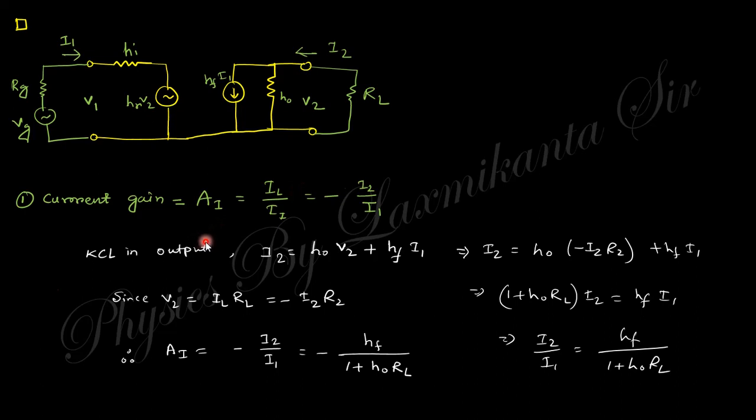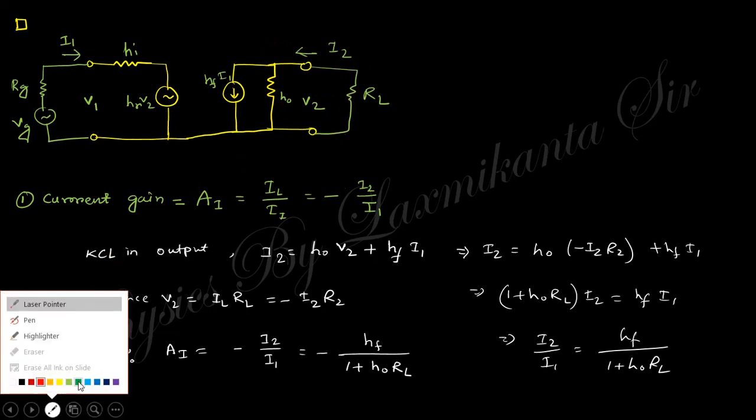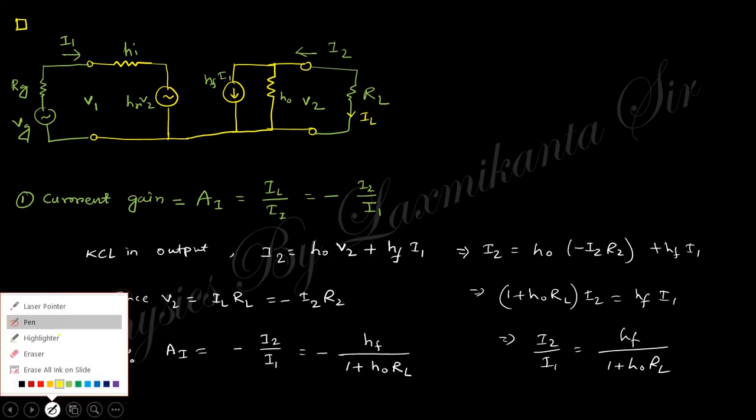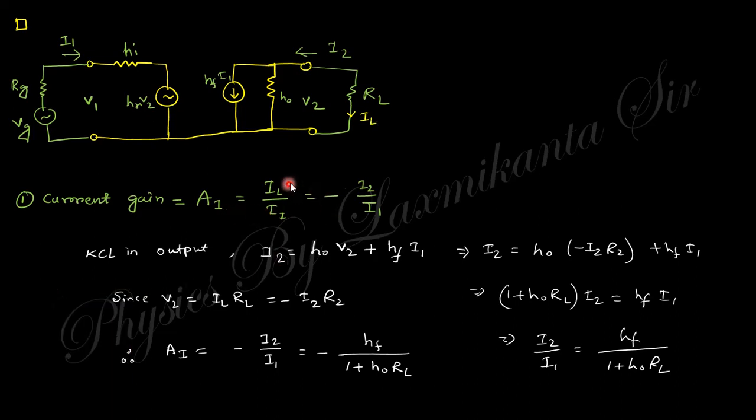So the current gain, AI equals IL by II, that is the output current by the input current, and IL is nothing but minus I2 because I2 is inward and IL is the one here. So this current gain is IL by II, so this is I2 by I1.